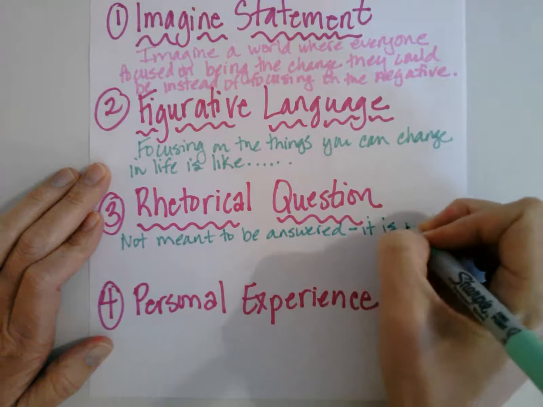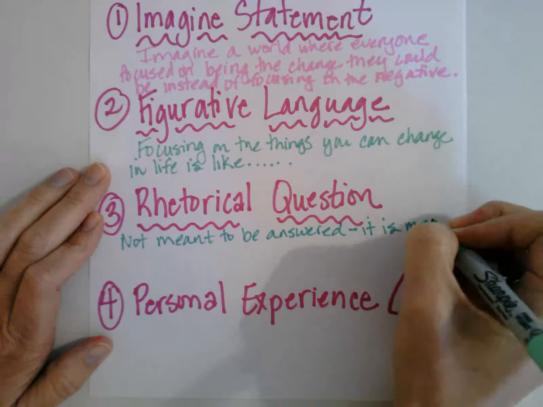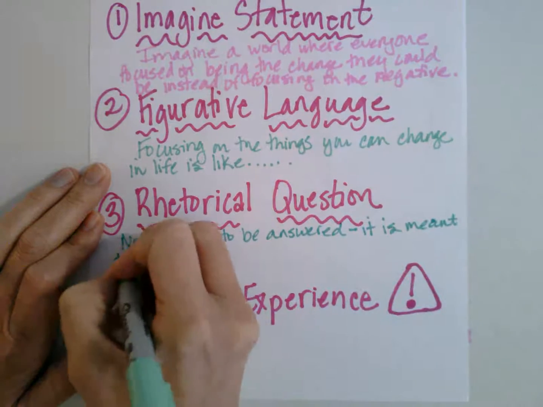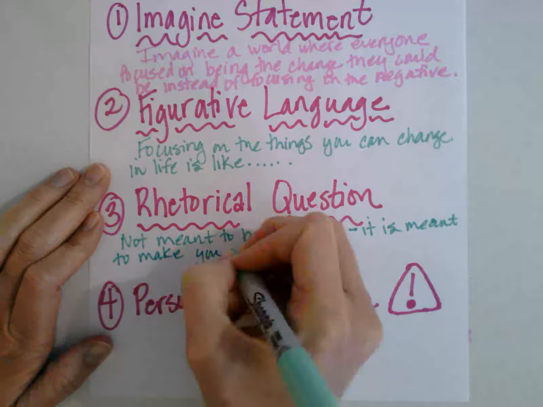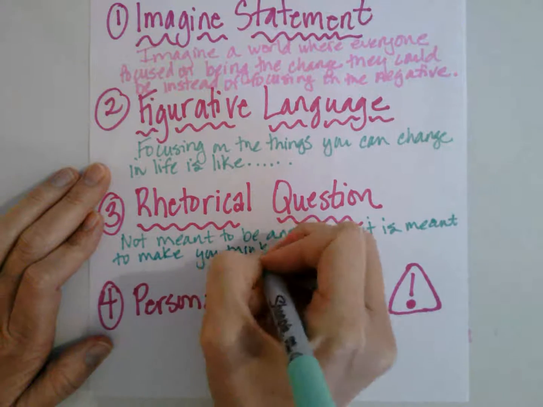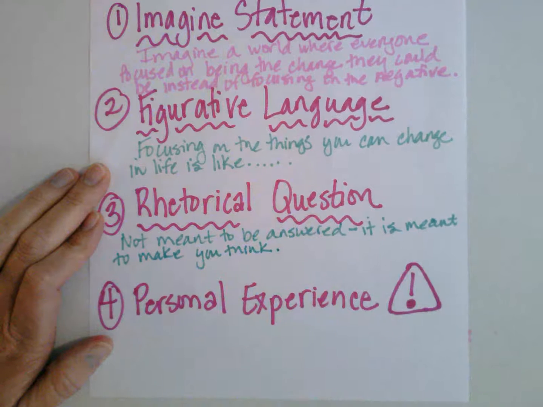It is meant to make you think. A rhetorical question is not, do you think it's important to focus on the things you can change? Because I can say yes or no. A rhetorical question is not meant to be answered.